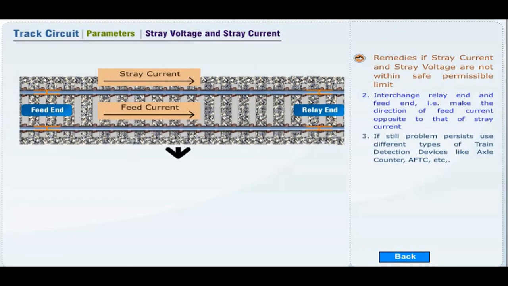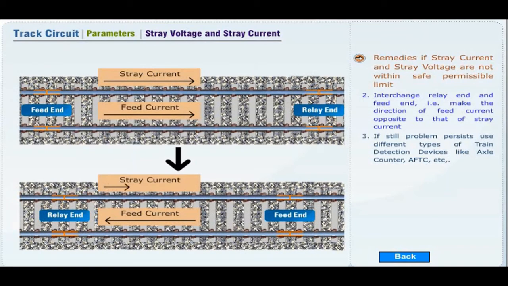Interchange relay end and feed end, that is, make the direction of feed current opposite to that of stray current. If the problem still persists, use different types of train detection devices like axle counter, AFTC, etc.